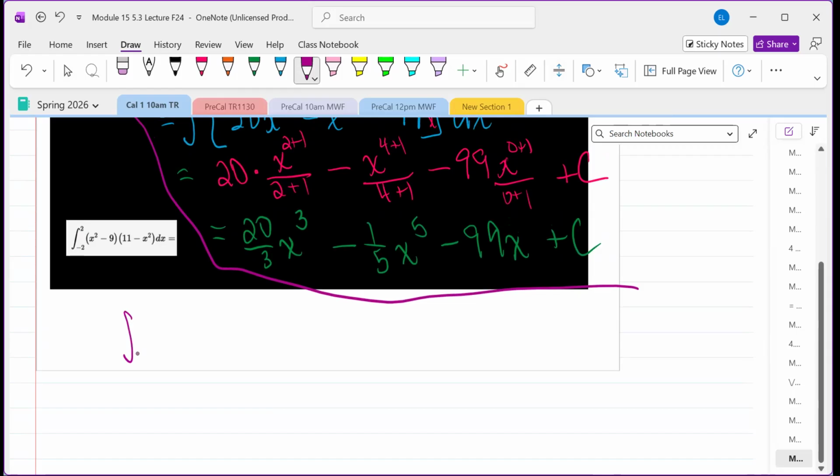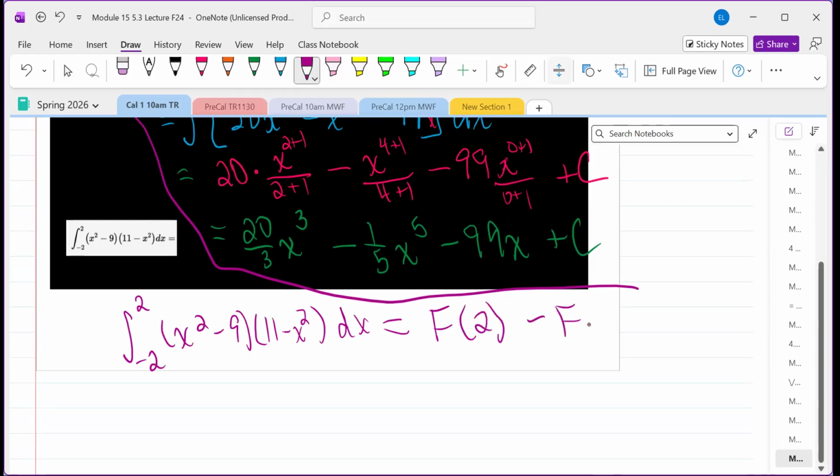So our fundamental theorem of calculus tells us this is going to be the antiderivative evaluated at 2 minus the antiderivative evaluated at -2.